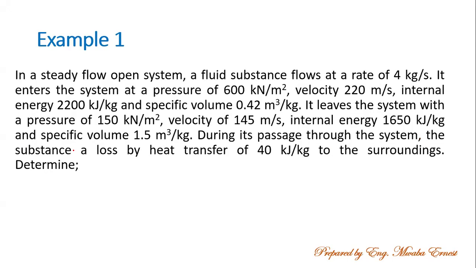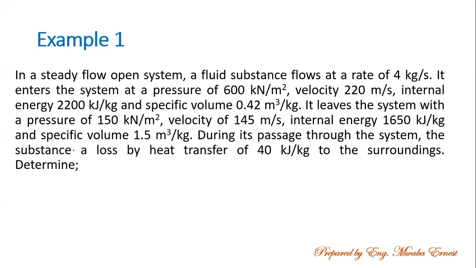Okay, now, how can we apply that into some examples? Let's look at example number 1. In this example, we've been given this scenario. Steady flow open system, fluid substance flows at a rate of 4 kgs per second. It enters the system at a pressure of 600 kilonewtons per square meter, velocity 220, internal energy 2,200 kilojoules per kg, and specific volume 0.42 cubic meters per kg.